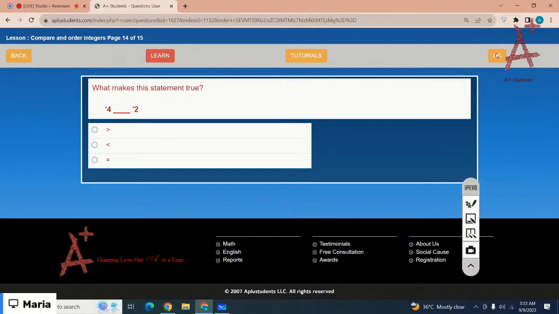What makes the statement true? Negative 4 and negative 2. Yes, negative 4 is less than negative 2, right?